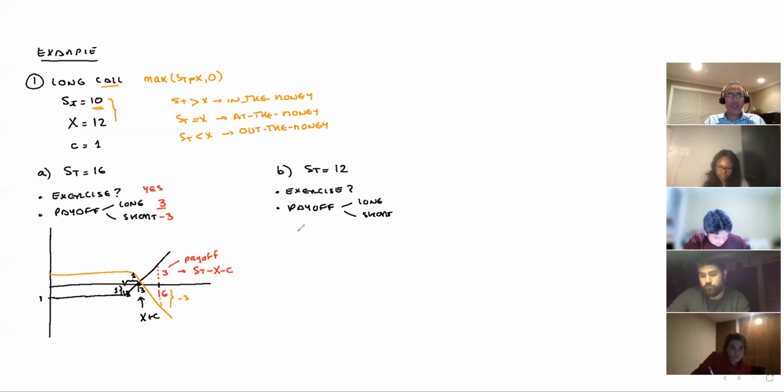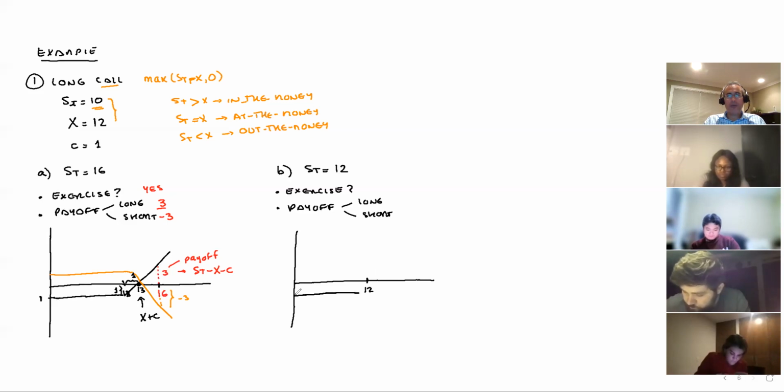Now let's see what happens in the second case. The data is the same. I have 12 here. I paid 1. This goes like that. I know that this is 13, but then my price equals 12. So my price is here, right? So what do you do? Exercise or not exercise?